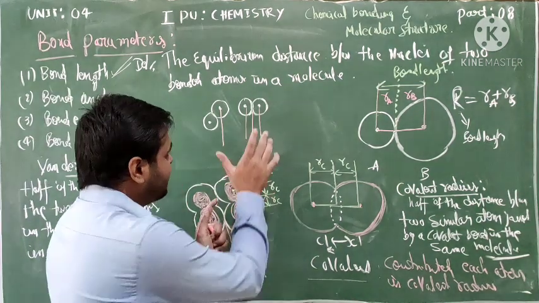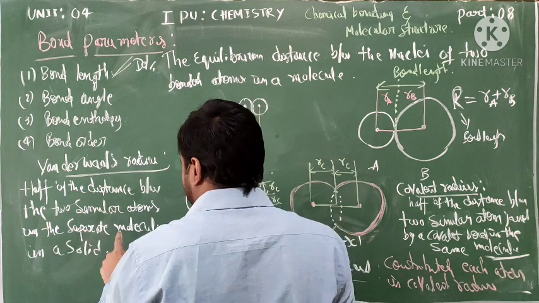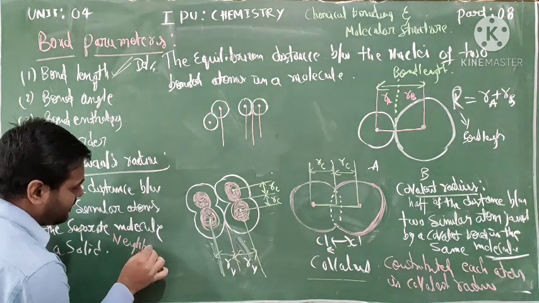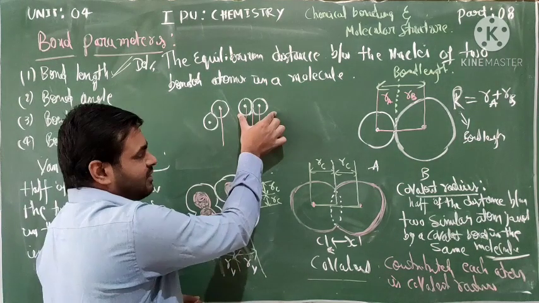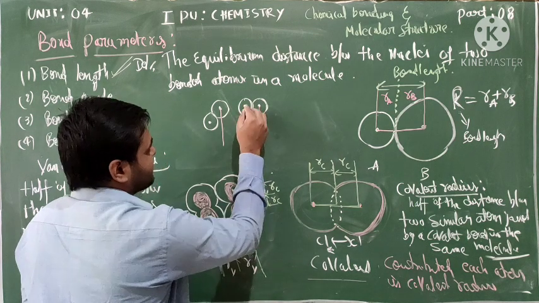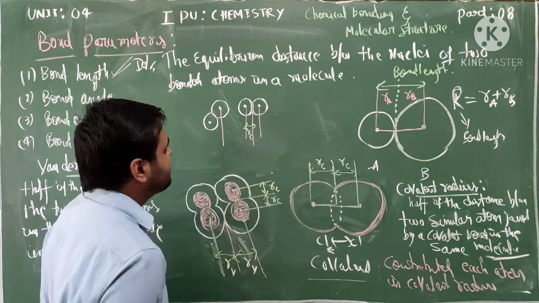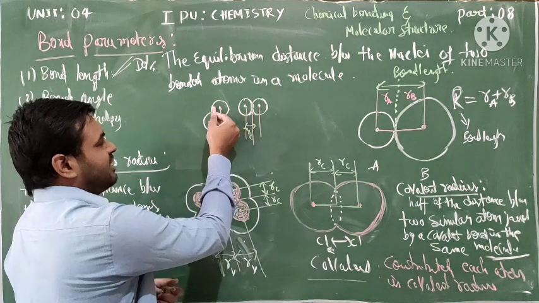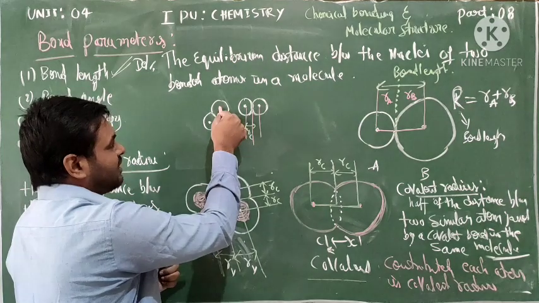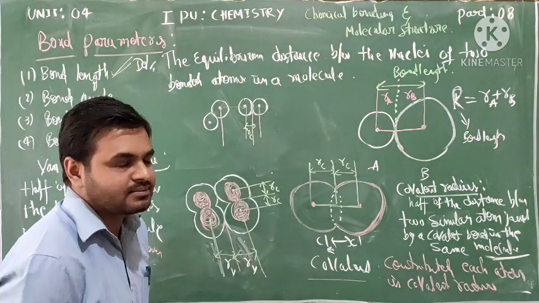So don't get confused. See one more structure. Half of the distance between the two similar atoms in separate or neighboring molecules. See, this is one molecule, and this is called the covalent radius, RC. This is a neighboring atom, same as here.